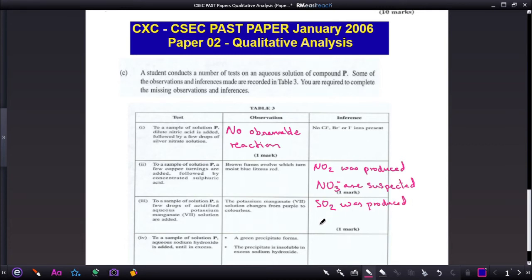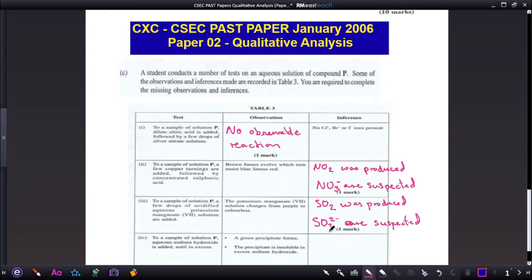And if the sulfur dioxide gas was produced, it simply means that the sulfite ions are suspected, because the sulfur dioxide came from the sulfite ions.